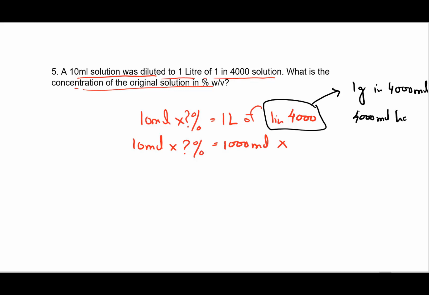So if 4000 mils has 1 gram, then 100 mils will have 1 divided by 4000 times 100, which is 0.025. So 100 mils will have 0.025 grams. In other words, 1 in 4000 is equal to 0.025%.